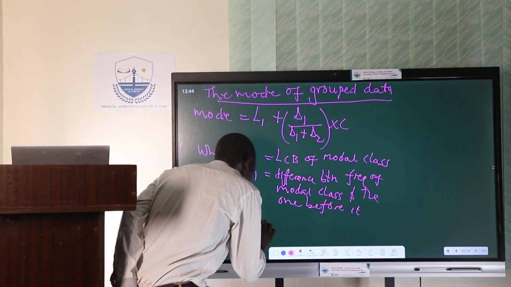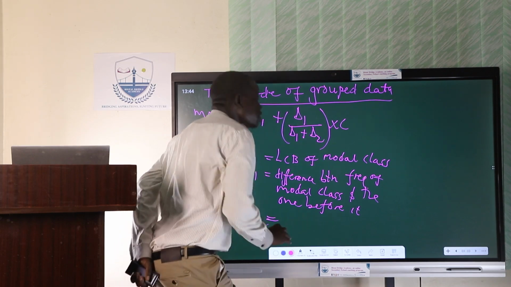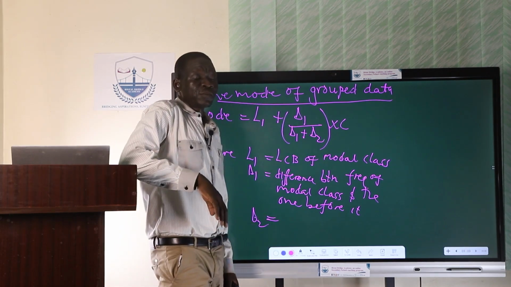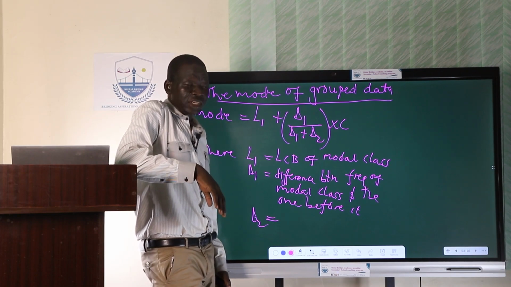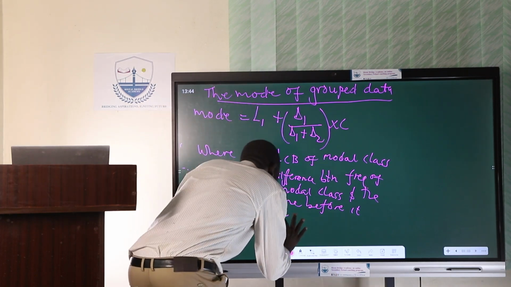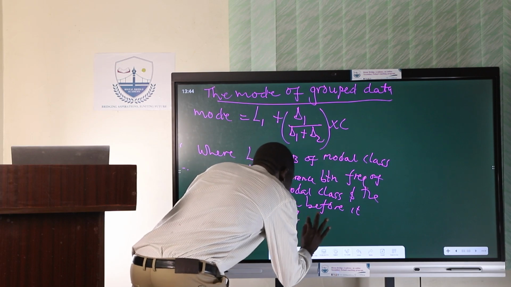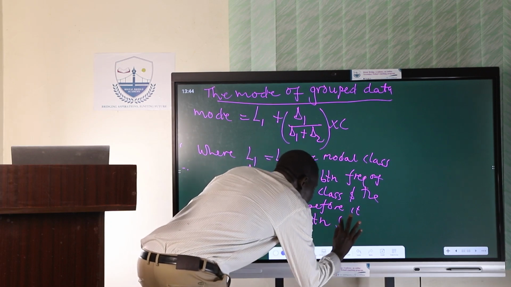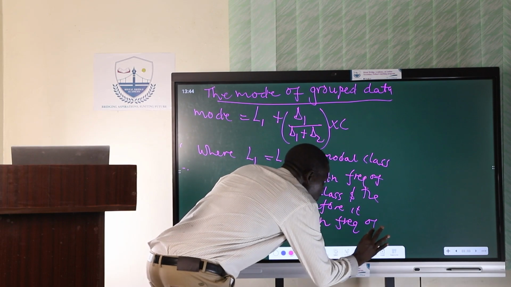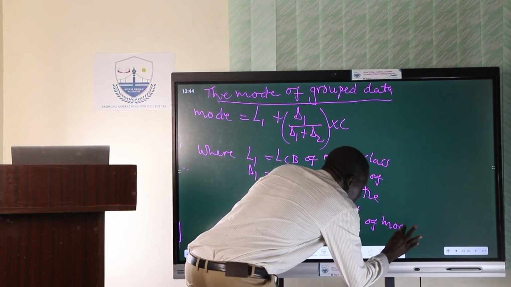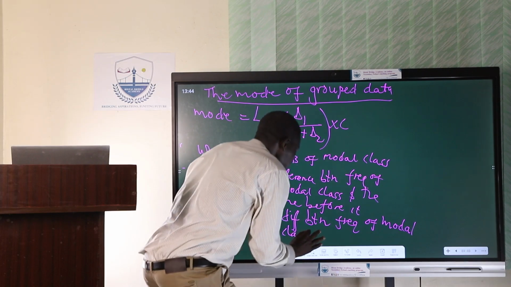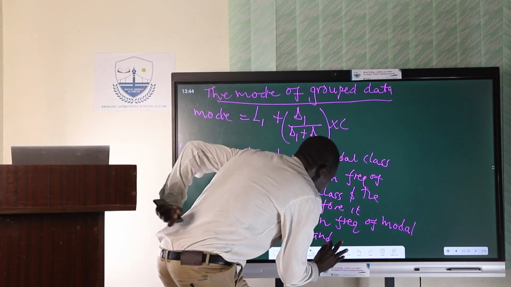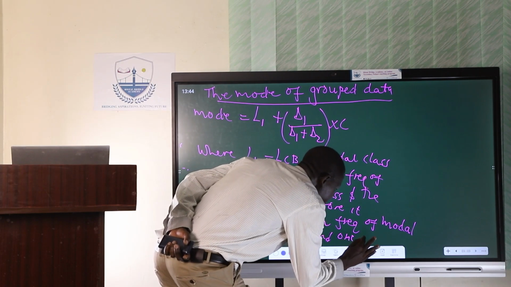Then D2 is the difference between the frequency of the modal class and the one after it.